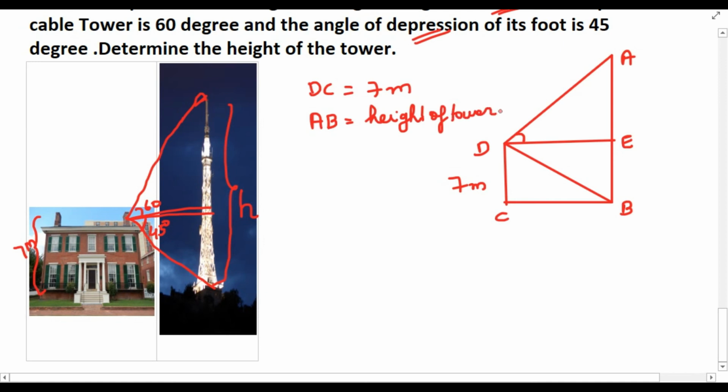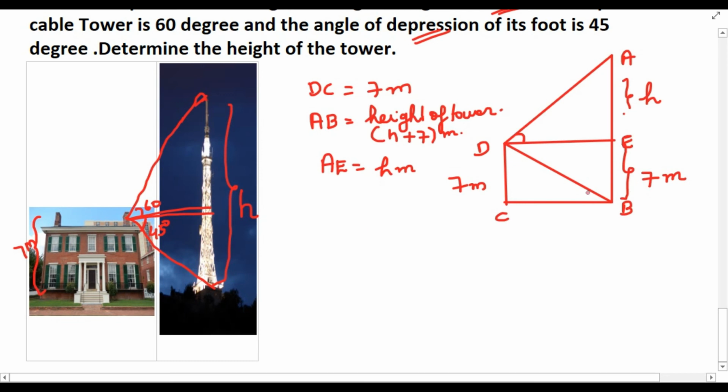We know that BE will also be 7 meters, because these are the opposite sides of a rectangle and will be equal. So this will be 7. Now AE alone we will take as h. AE is h meter. So the height of the tower will actually be h plus 7 meters. Find out h first, then we need to add 7 to that h. So the height of the tower is h plus 7 meter.